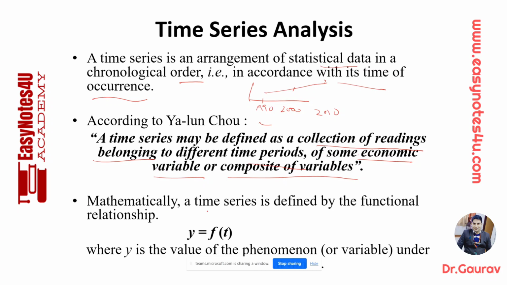Mathematically, a time series is defined as the functional relationship y = f(t), a functional relationship of time, where y is the value of the phenomenon or the variable.